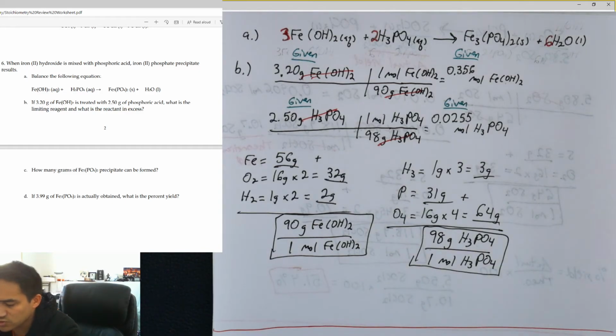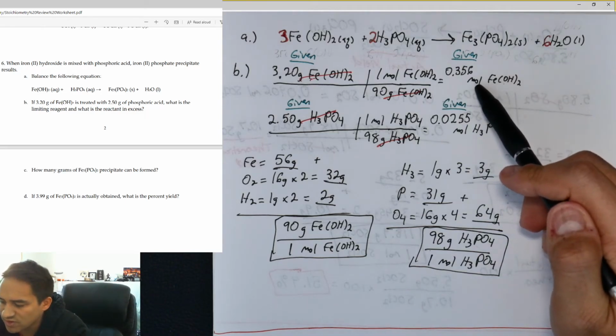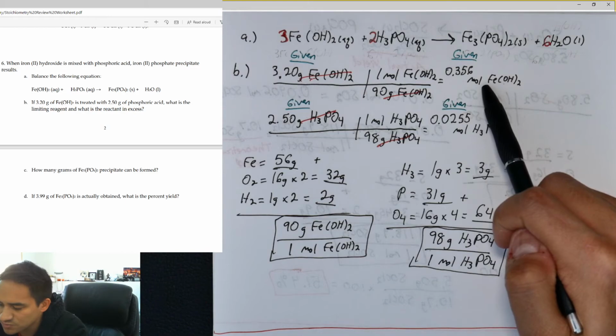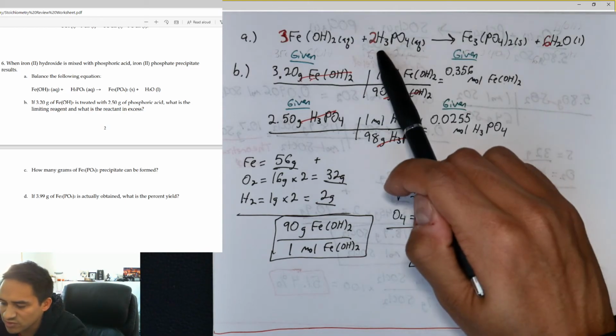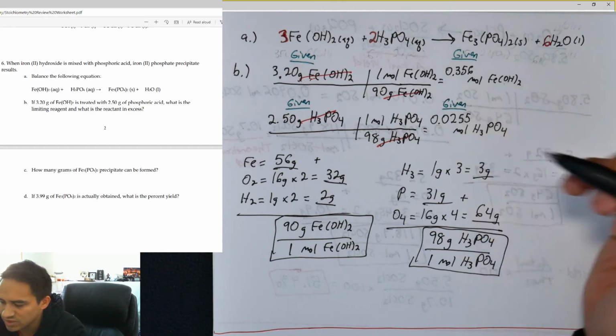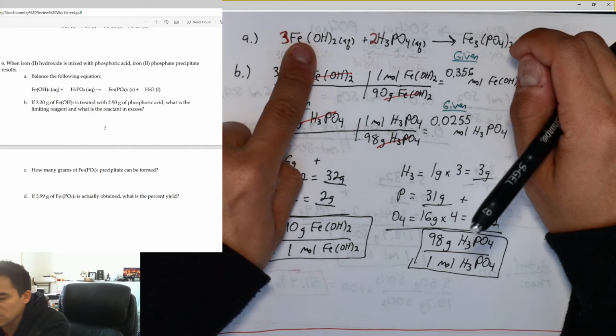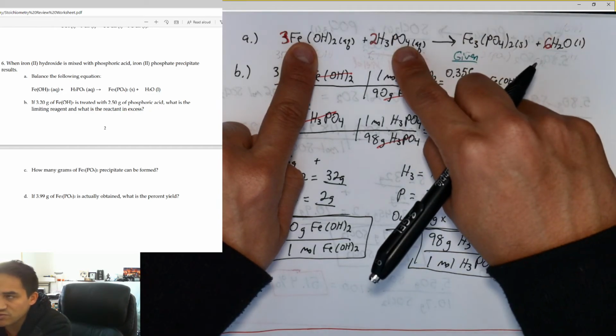To figure out which one is limiting, we've got to figure out how much we need of the other one. So if we're being given 0.356 moles of FeOH2, how many moles of H3PO4 do we need to react with all of that? So we can compare it with how much we're being given here. So we are going to go from moles of FeOH2 to moles of H3PO4.